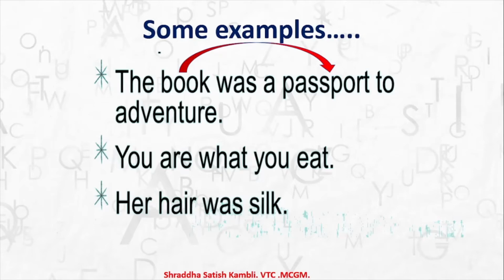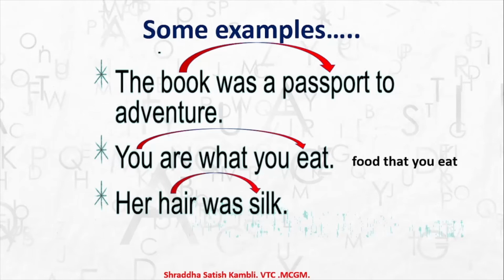So you're comparing a person to what that person eats, that means the food that that person eats. So you are the food that you eat. Her hair was silk. So her hair is being compared to silk, meaning it was so soft and so shiny that it was like silk. Okay, so these are some examples of metaphor.